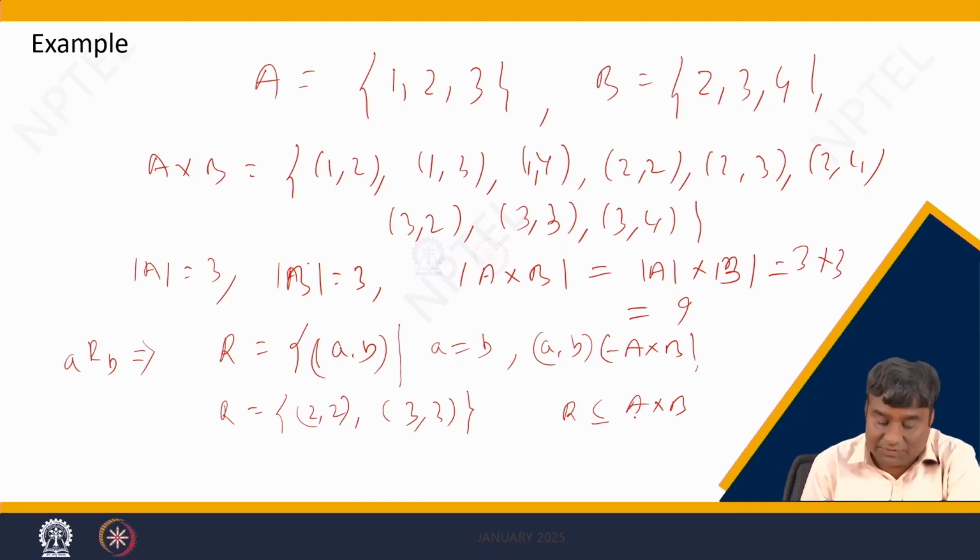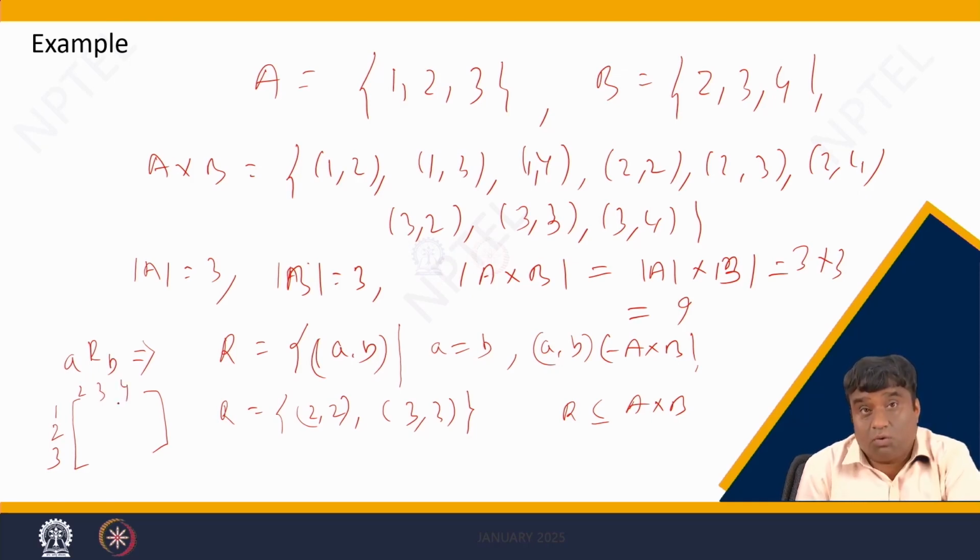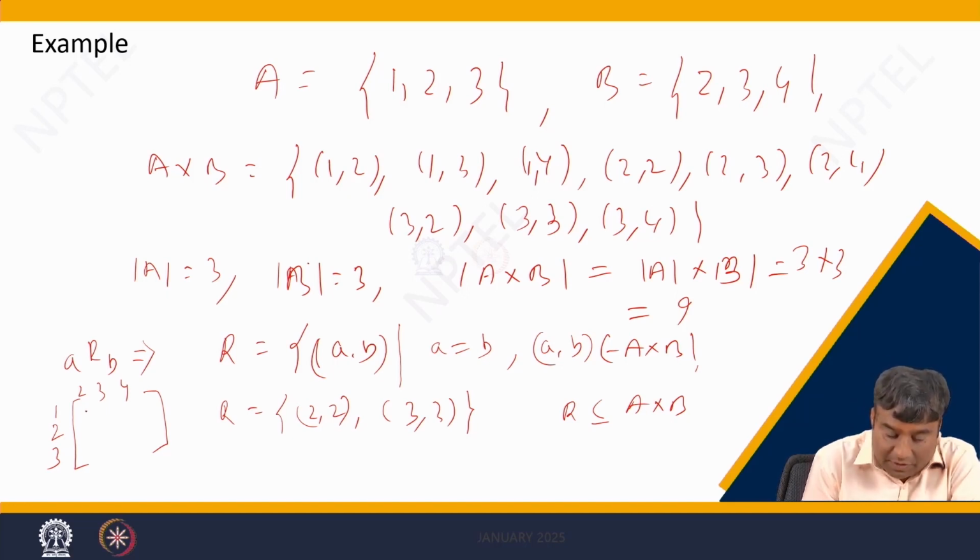In matrix form, if you want to write it, the rows are A: 1, 2, 3, and the columns are B: 2, 3, 4. So (1,2) is not present in the relation, so it is 0. (1,3) is not present, it is 0. (1,4) is not present, it is 0.